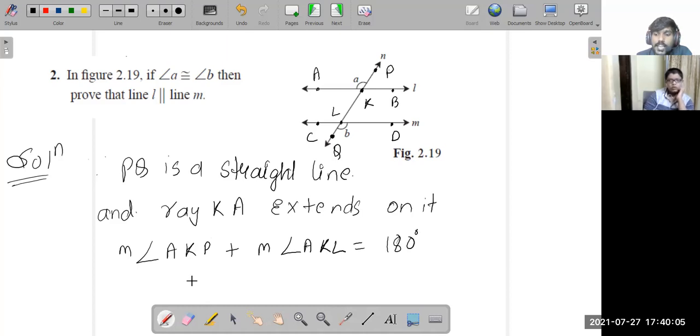So measure angle AKP is A. Correct? AKP is A. So here we'll write measure angle A plus measure angle AKL is equal to 180 degree.